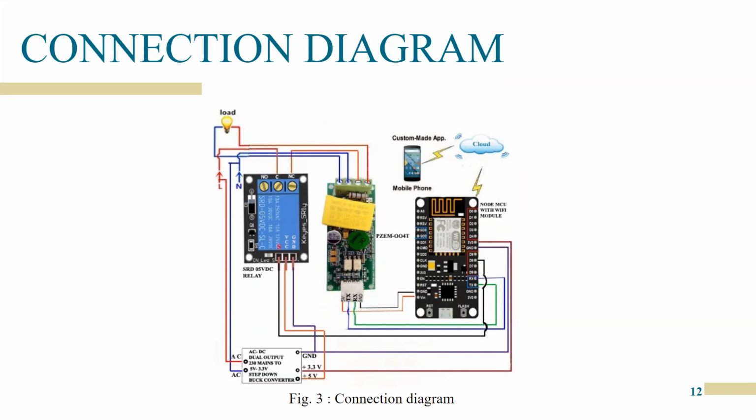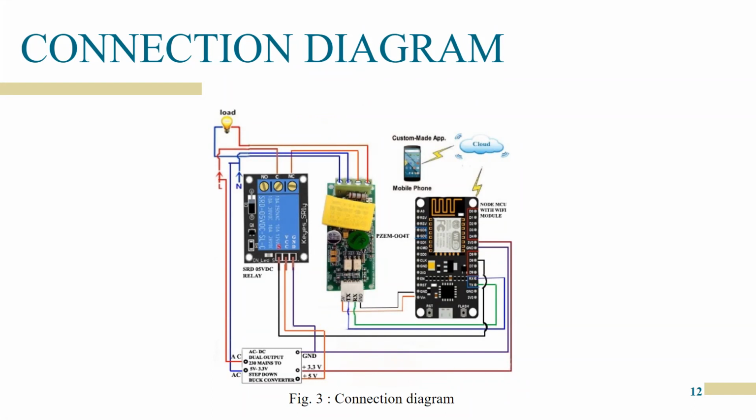Now starting with the line, we have two supplies, that is line and neutral. Starting with the line, it is first given to the relay.